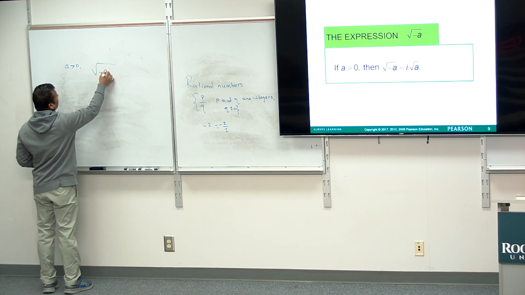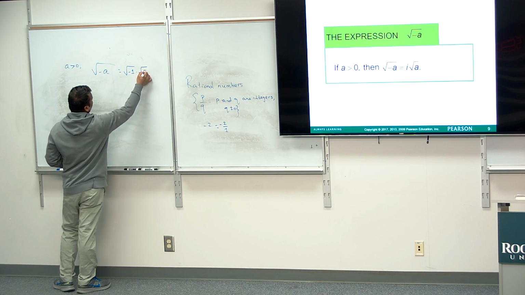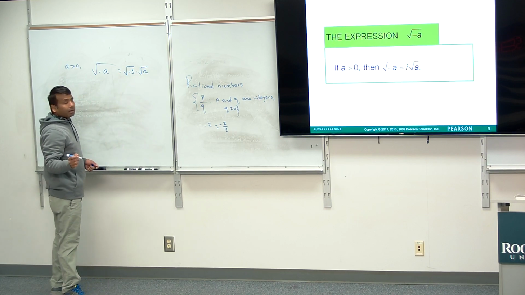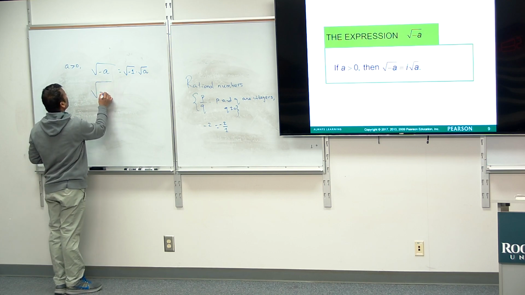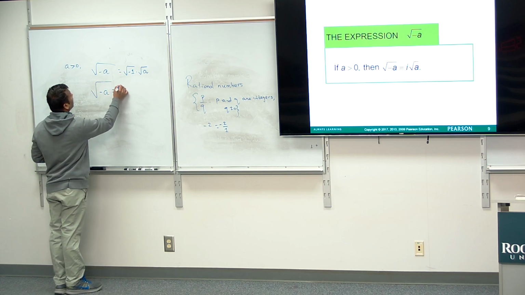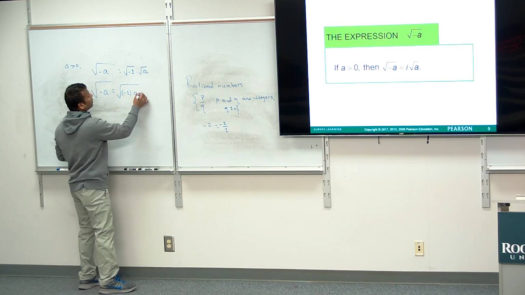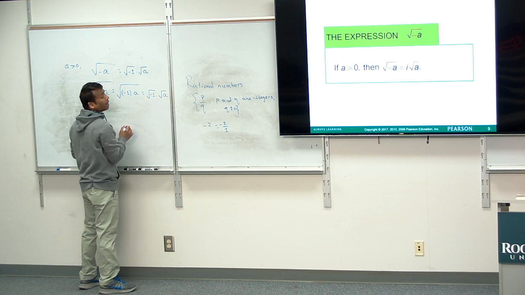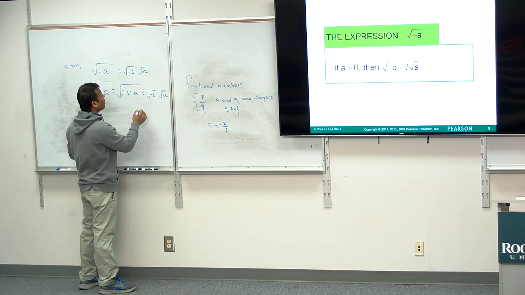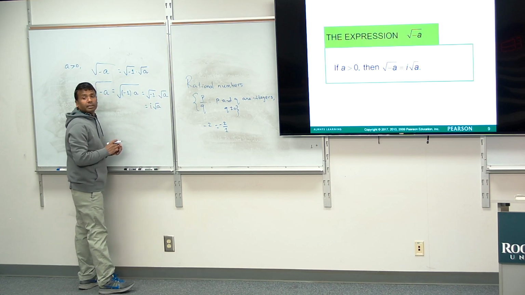If you have a radical of -A, you see this is the same as radical of -1 times radical of A, because you know that radical of -A is the same as radical of -1 times A, and this is the same as radical of -1 times radical of A, right? And this radical of -1 is i radical A. See that?